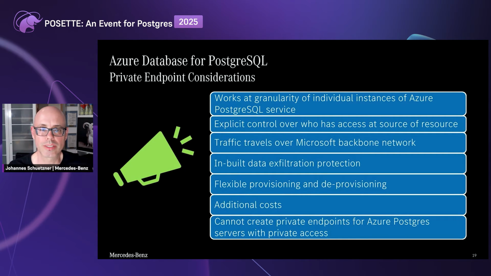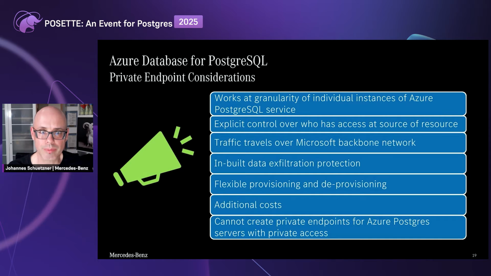So that's also good. Traffic travels over the Azure backbone. That's a benefit. Also, maybe compared to private access, the data exfiltration protection is inbuilt. So that's, I think, also quite attractive. You are better here in that regard.